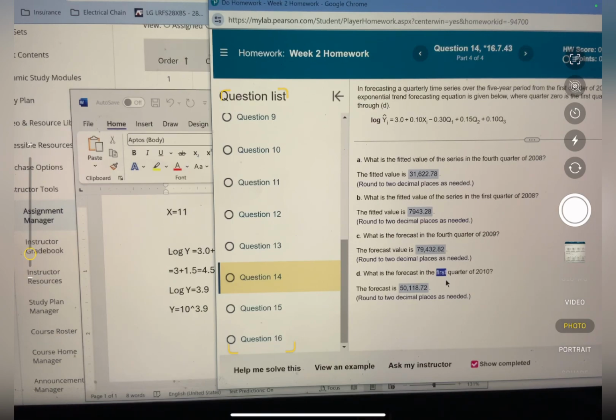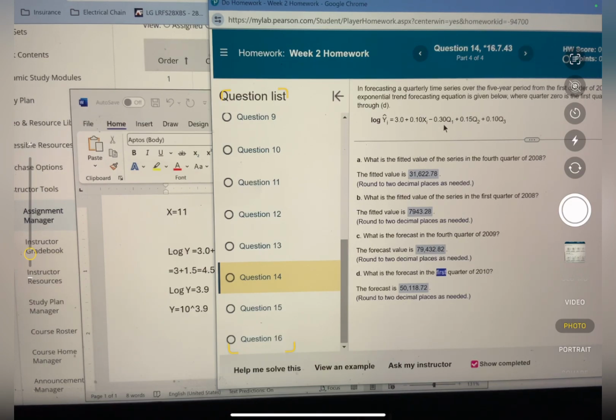20 times 0.1 is going to be 2, plus 3, it's going to be 5. And because we are counting the first quarter, for this Q1 we're going to put 1, which means we need to do minus 0.3, and I got 4.7.